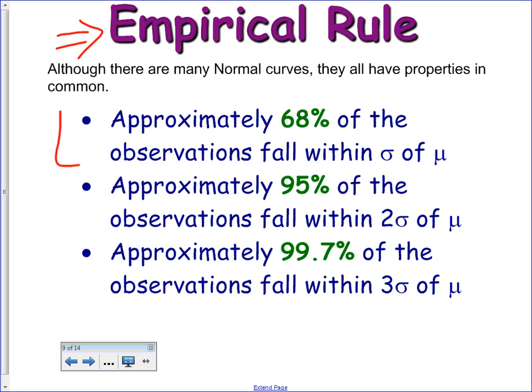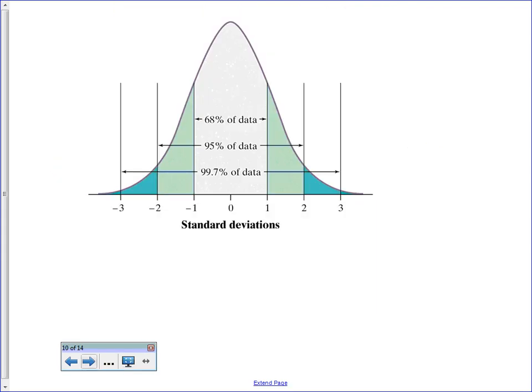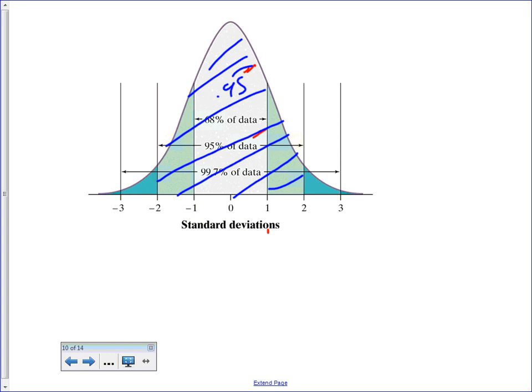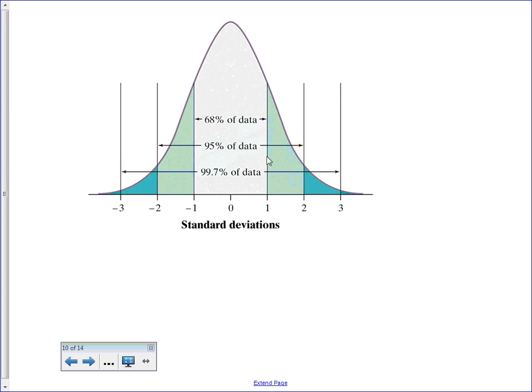The area under the graph, and these are not exact, these are approximations, is 68, 95, 99.7. 68% of all data in a normal distribution, or 0.68 of the area, is within one standard deviation of the mean. 95% of the data is within two standard deviations, and between this point and this point in the curve, you can see all we have are these little teeny tails left. That's going to be 0.997.